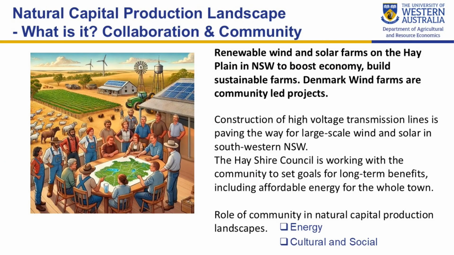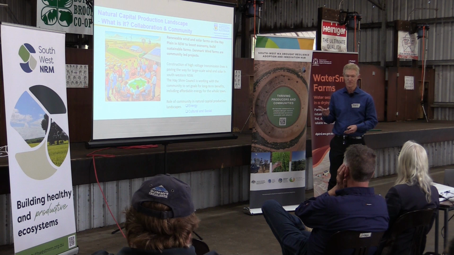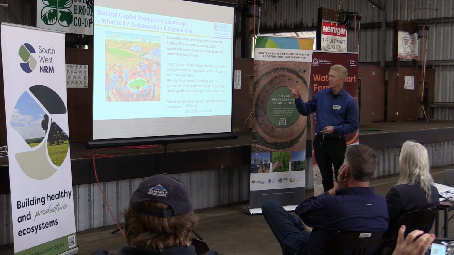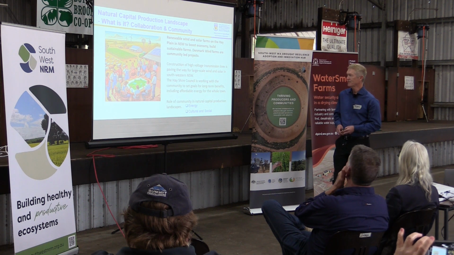So that's a real example of a community-led project on a large scale that is able to produce income and benefits for all the participants, including the farmers, giving the farmers consistent returns, diversified income, and building resilience and reducing their risk of production. There's a good program on the ABC that I'd recommend about that.